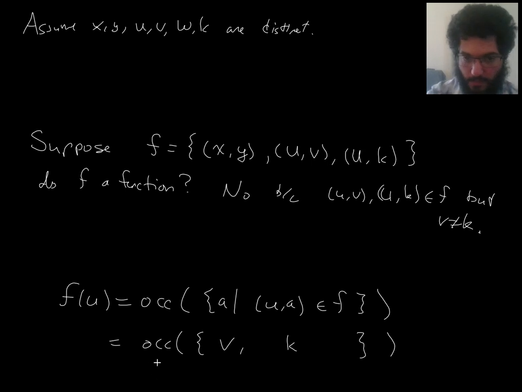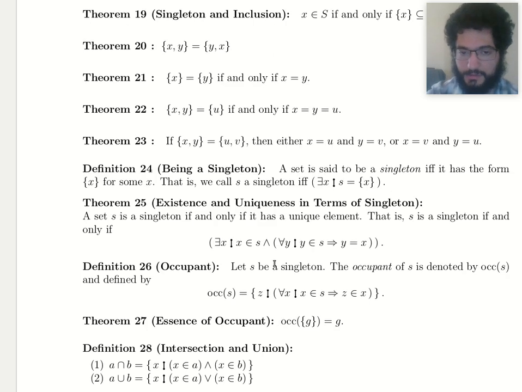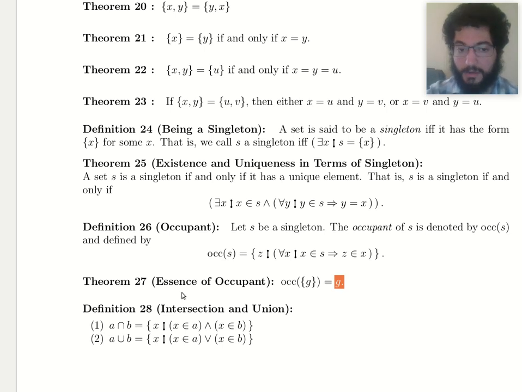So what is this? Well, when I had a singleton here, I knew that it was just whatever thing was living inside the singleton. I knew that because of earlier work with the occupant construction, this essence of occupant, that the occupant of a singleton is that one thing living in there. I'm now in a context where this is unavailable to me, so I'd have to go back and use the definition of occupant, which is going to start giving me nonsense.